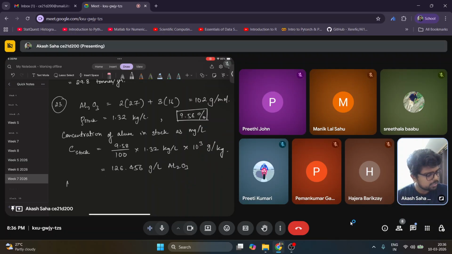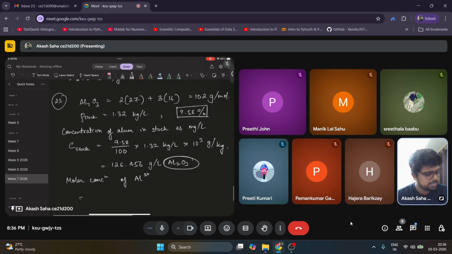Now, what is the molar concentration of Al3+? Because this is for Al2O3, for Al3+ it will be 126.456 gram per liter as Al2O3. Now for each mole of Al2O3, what is the mass? We divide by 102 gram, because 1 mole of Al2O3 is 102 gram.